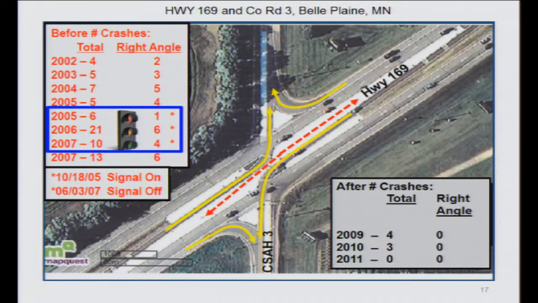This used to be a two-way stop control intersection, and after the state put in traffic signals, they did not see any reduction in total crashes. They actually saw a dramatic increase in the total number of crashes, and the far side angle crashes were also pretty much the same. And then in 2007, they converted this into an RCUT intersection.